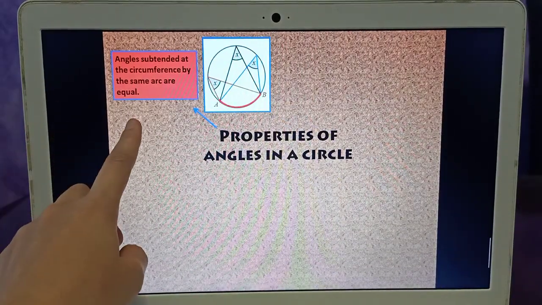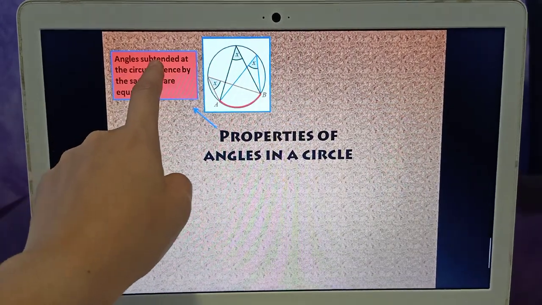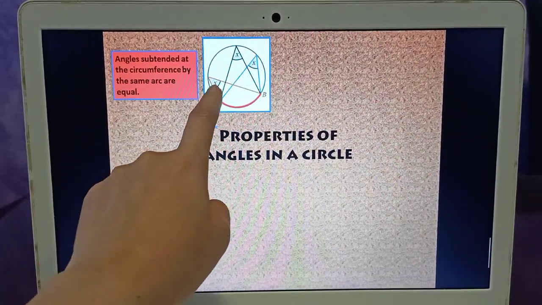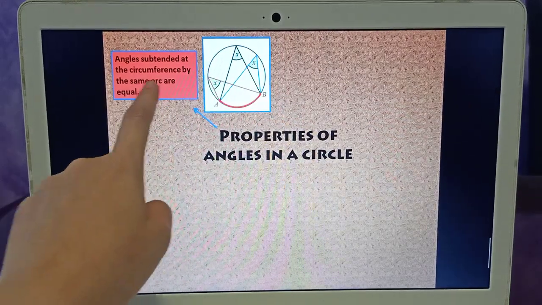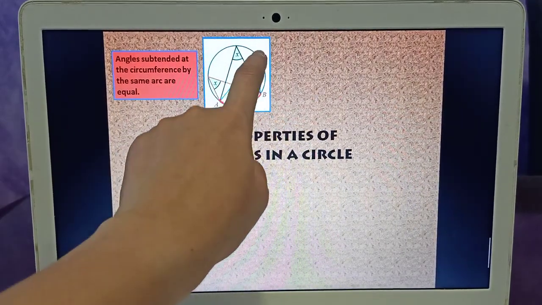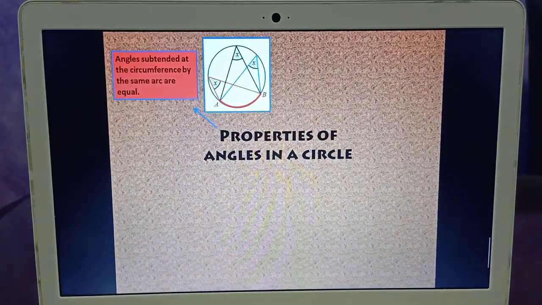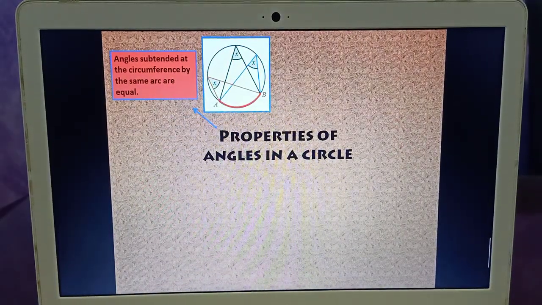So this is the conclusion that you must remember, memorize: angles subtended at the circumference by the same arc, their values will be equal. So this is the first property.